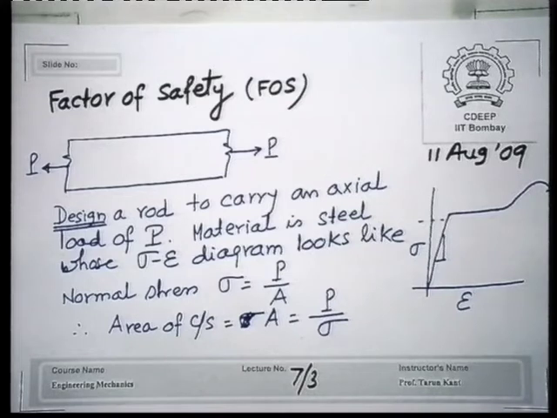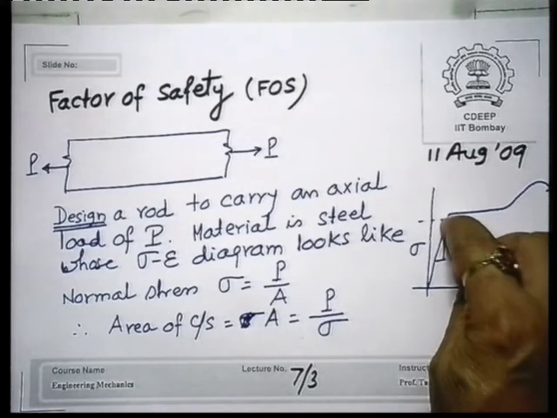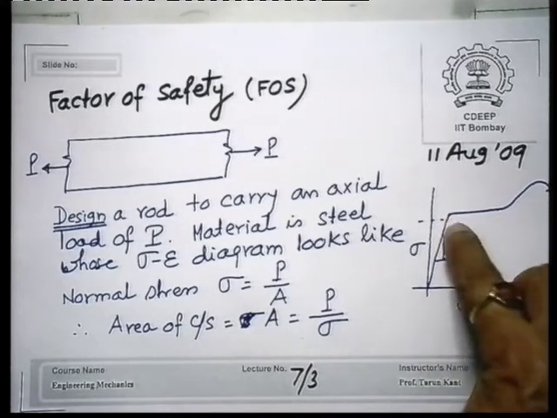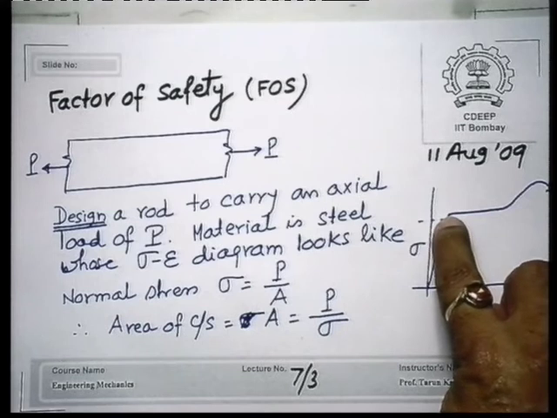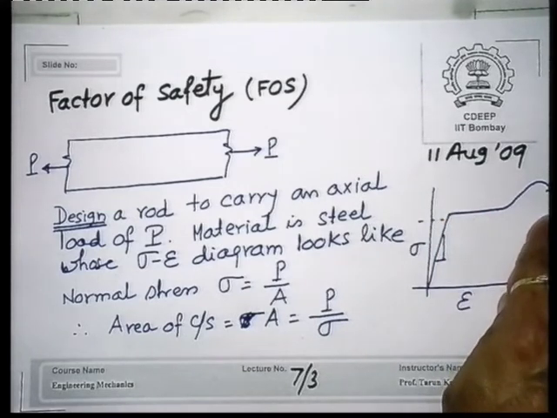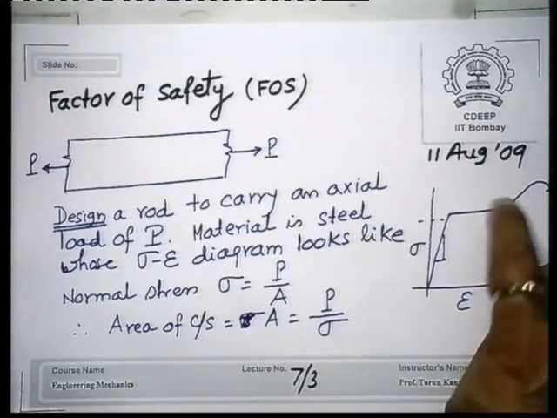Now, what is the stress value that you should take? If I take maximum stress to which the member can be loaded, under that load P, the stress level inside the material will be, let us say, this is the maximum linear, because from here the linear zone ends, it will go into plasticity. I do not want the material to become plastic.